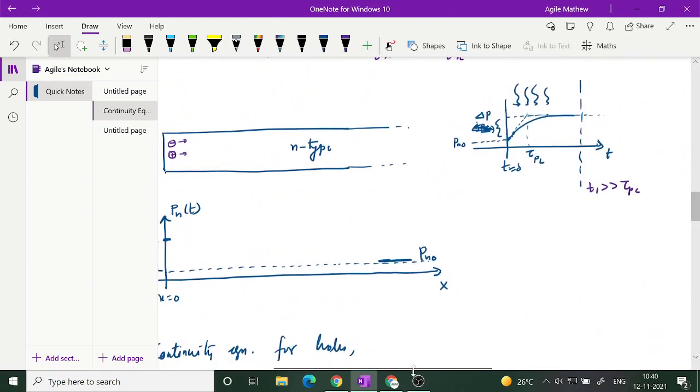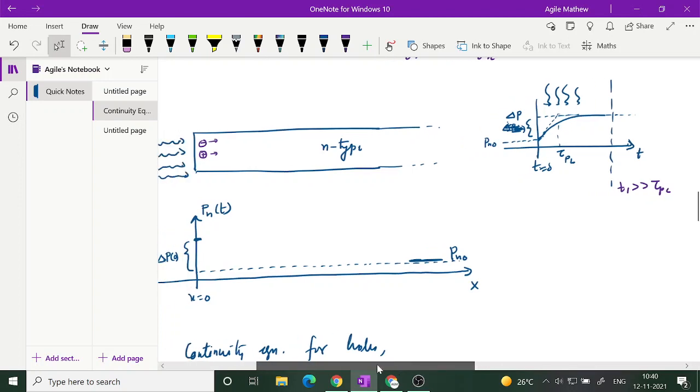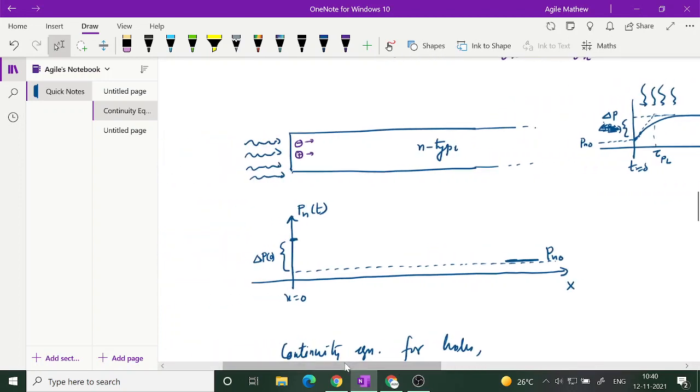I said that I did not know how the concentration varies, but now I know. It will exponentially decrease and go like this, an exponential decay. If I extend the slope, the place where it meets is what I called Lp, the characteristic length.